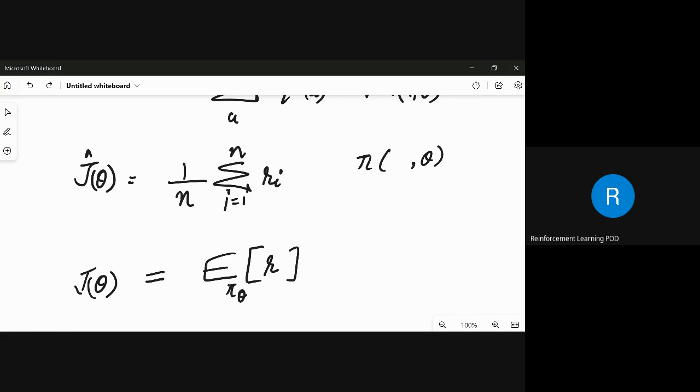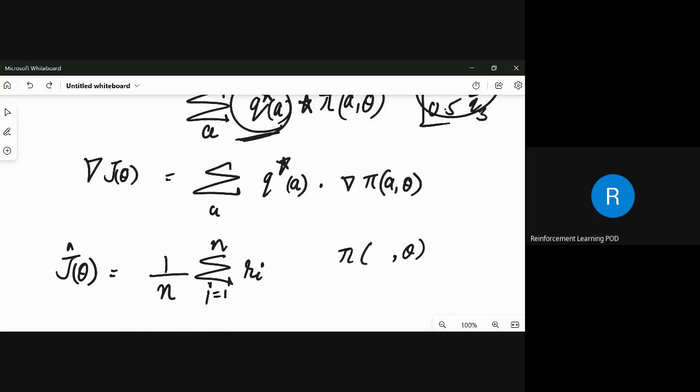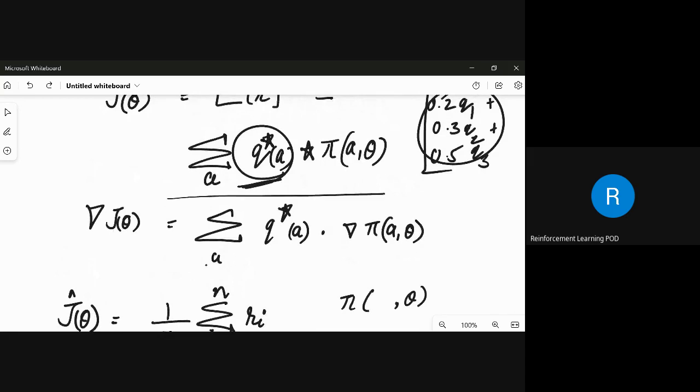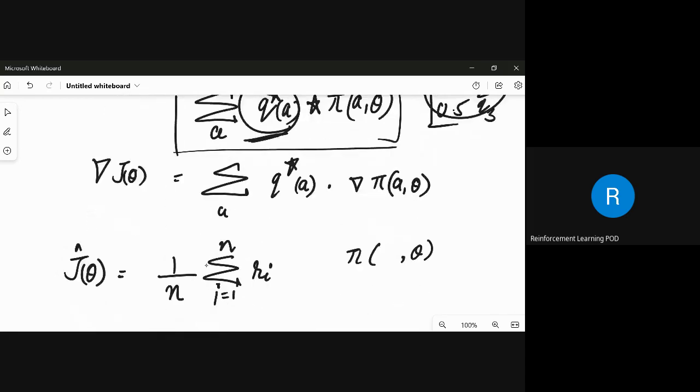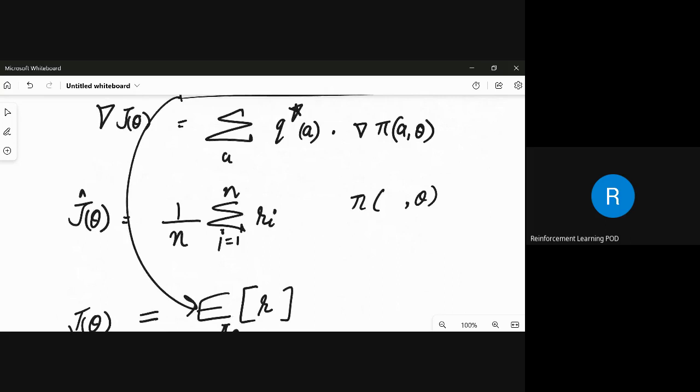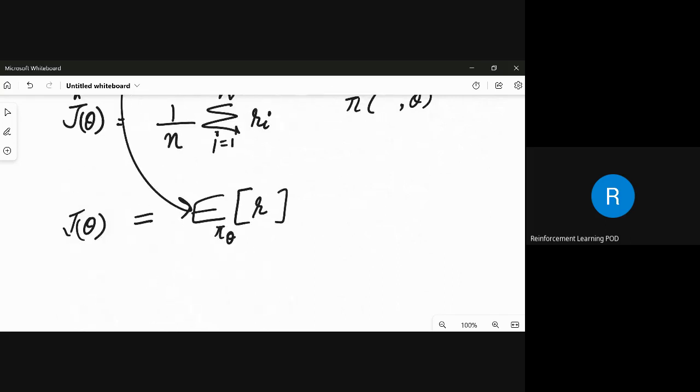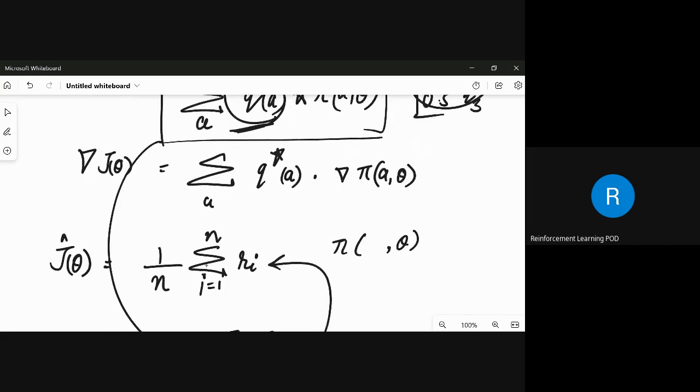We just call this pi theta. Does it make sense? Okay. So from this formula, we convert it into an expectation, and from this expectation, we convert into this formula with the help of which we can estimate it with a number of samples. Same thing we are going to do with this thing also.